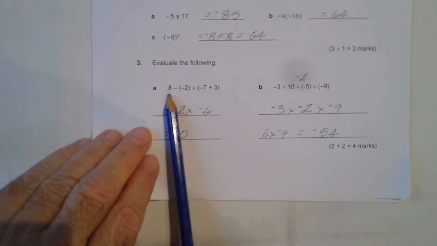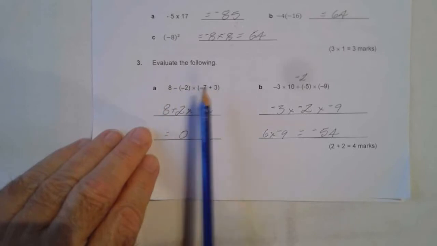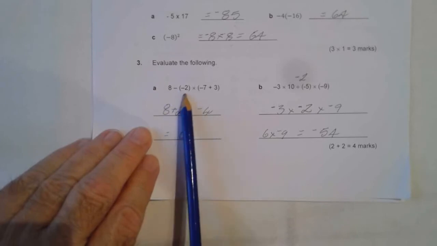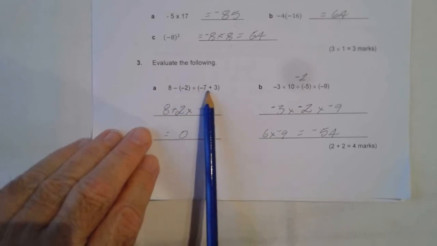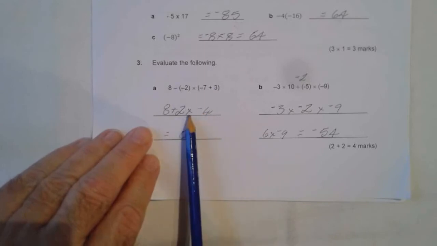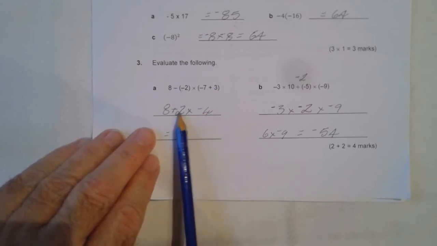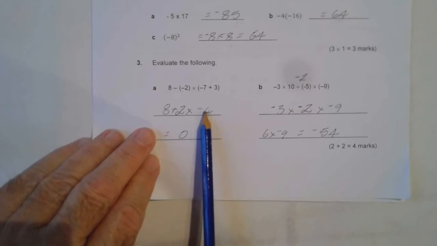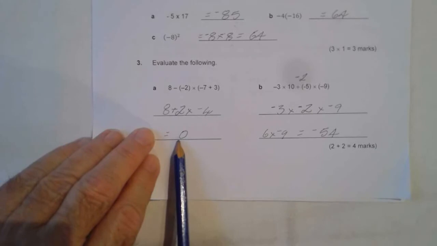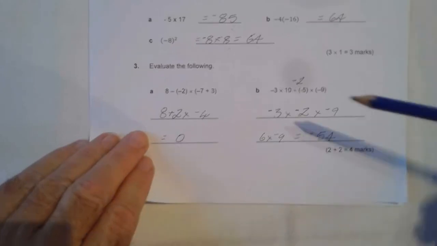Here we've got 8, and we do the brackets first. So that becomes plus, and that's 2. And this is -7 plus 3, that's -4. So we do BODMAS, so we do this one first. So 2 times -4 equals -8. 8 minus -8 equals 0.